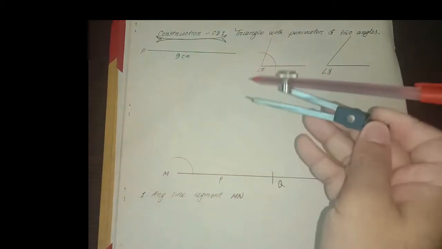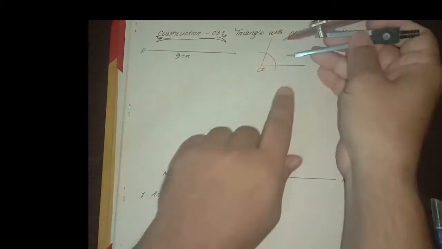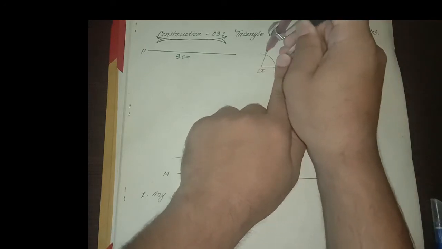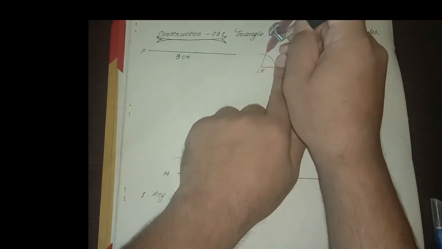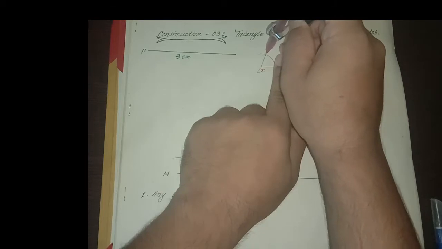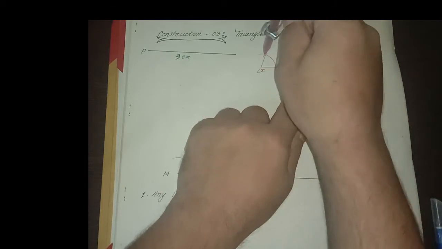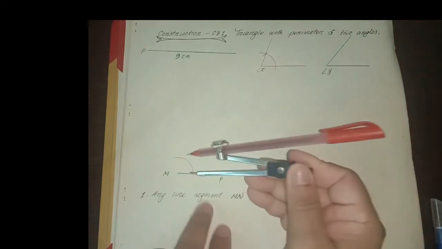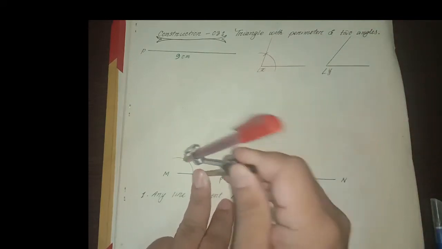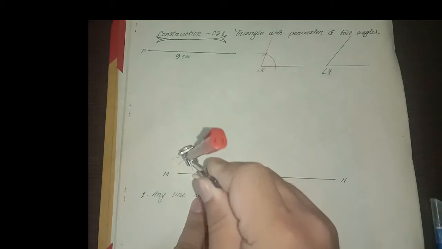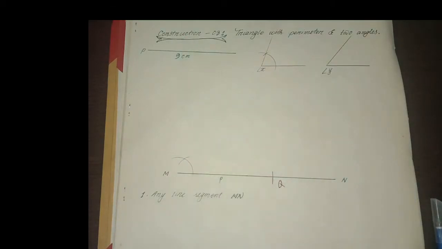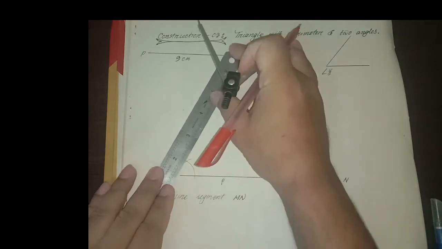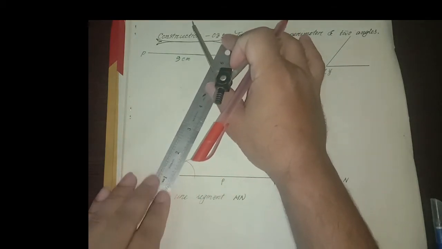Now all we need to do is take the measure of the angle, and this is the way to take the measure of the angle, from here up to this. Okay, the measure of the angle is taken, as you can see. Now without changing the compass setting, we place it here and complete the angle.